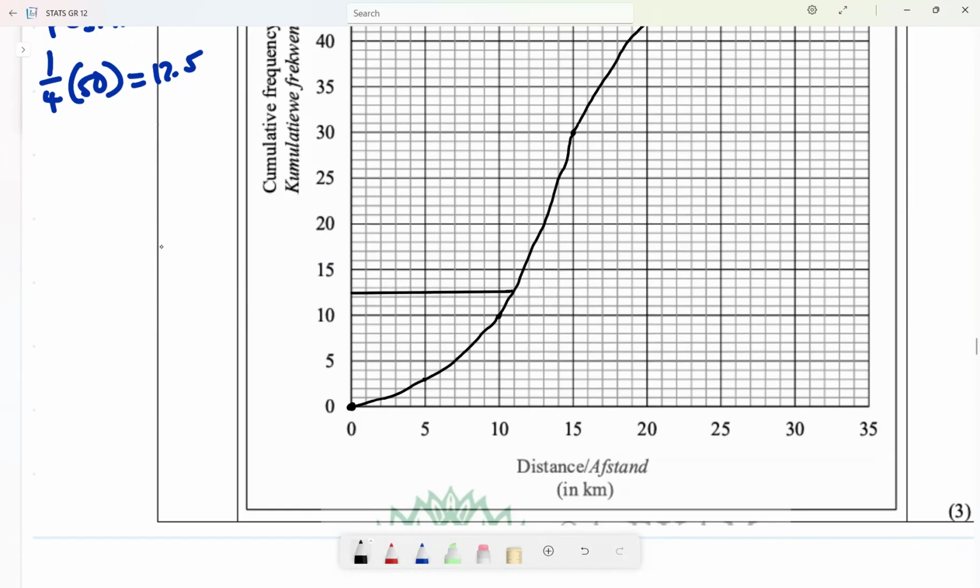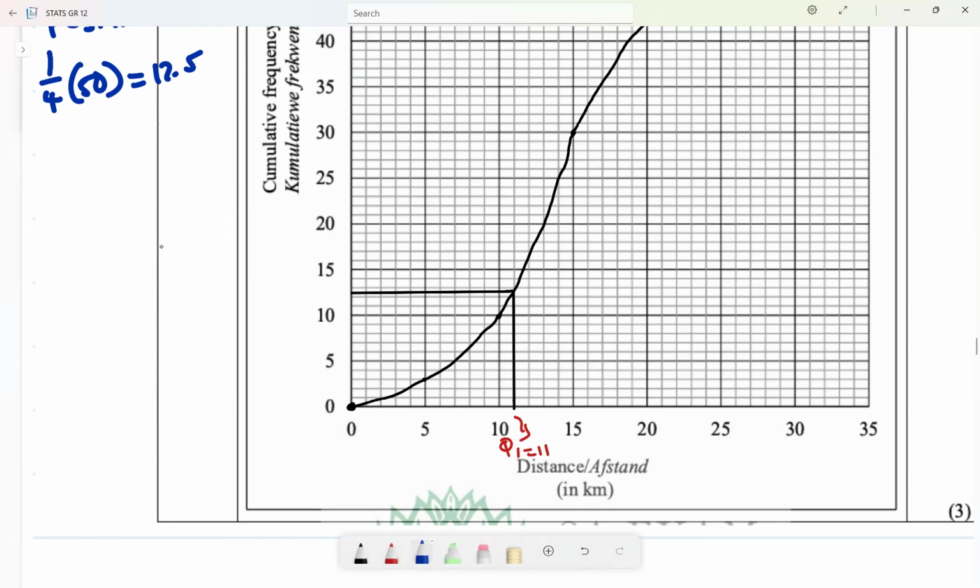And then I get something like 11. Yeah, this is what I get, guys. I get something like 11. So my quartile 1 is 11. And then I need to find the position of the upper quartile, quartile 3.